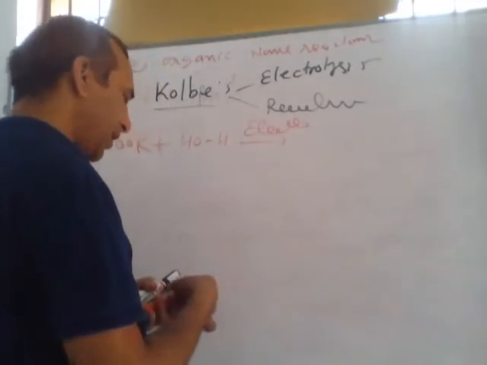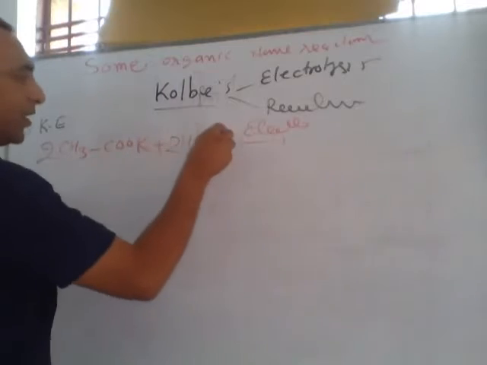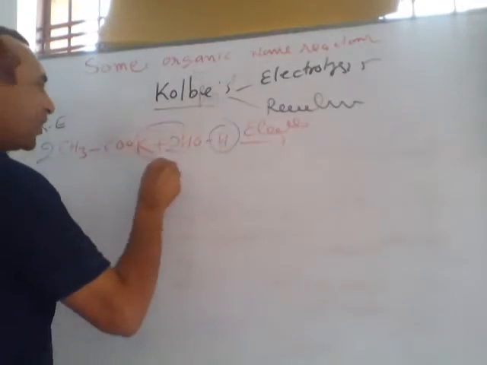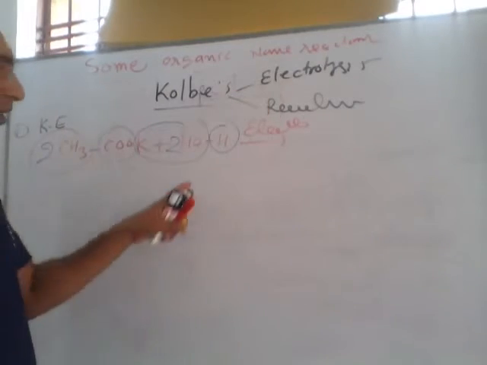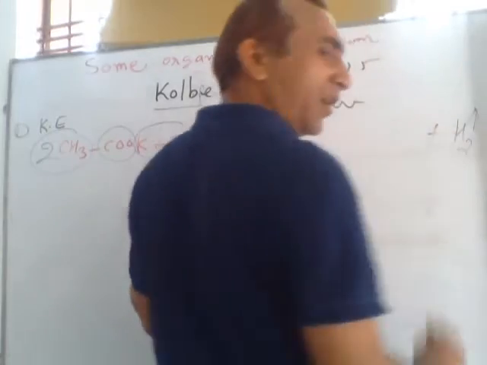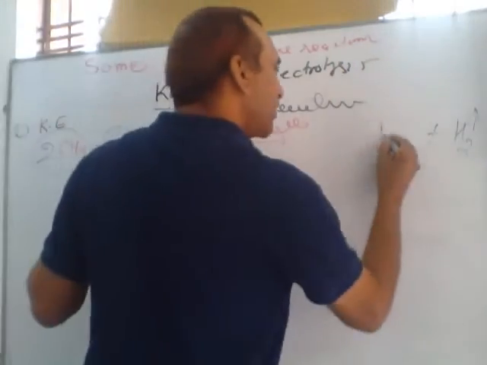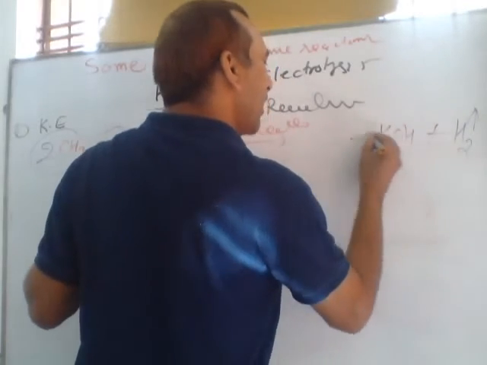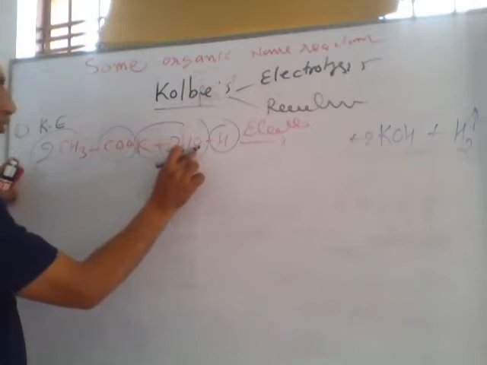So after passing current, what will happen here? 2 and 2. Why? There are total 4 circles. Here this circle indicates removal of H2 gas. This circle means formation of KOH, with two molecules, so K and OH are also 2.